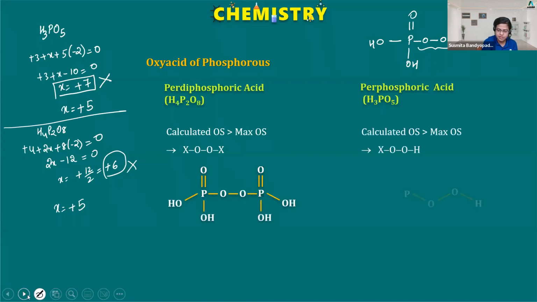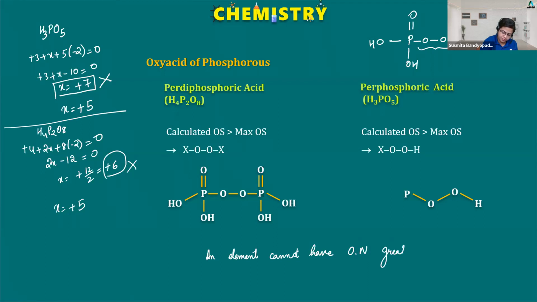So, what's the moral of the discussion? An element cannot have an oxidation number greater than the highest possible oxidation number. That's not possible.